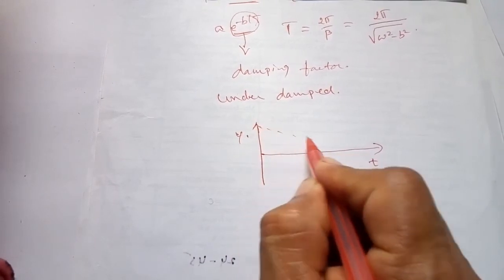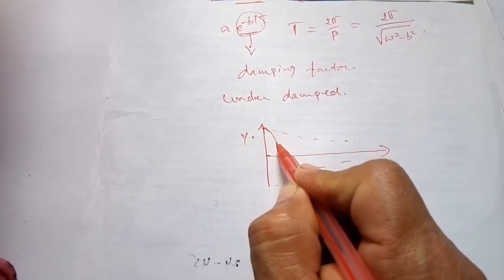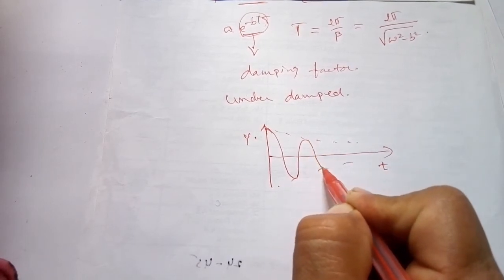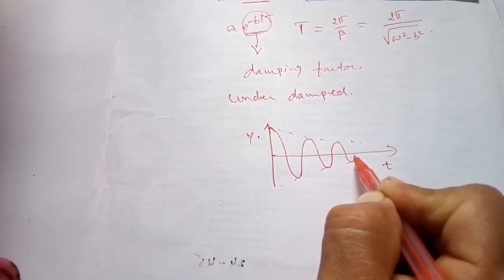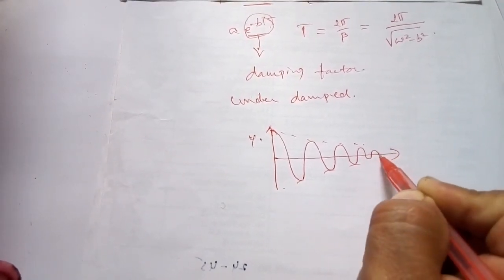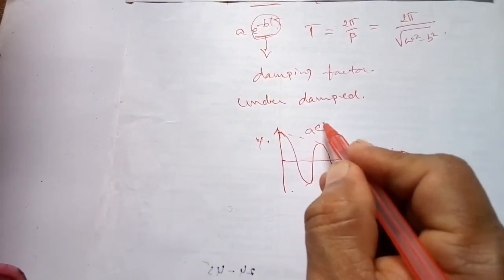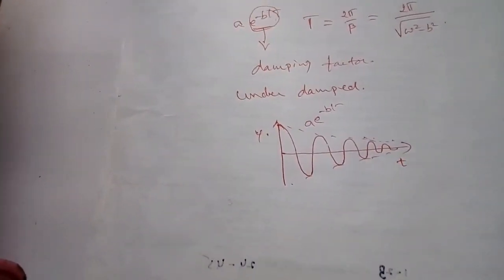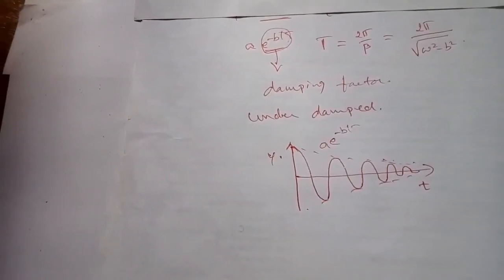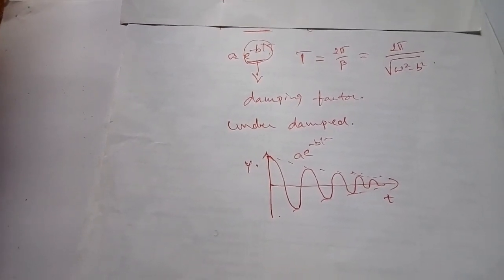So the displacement decreases and the amplitude decreases exponentially, as a into e to the power minus bt. That is how the amplitude decreases. So this is exactly what is called underdamped oscillation.